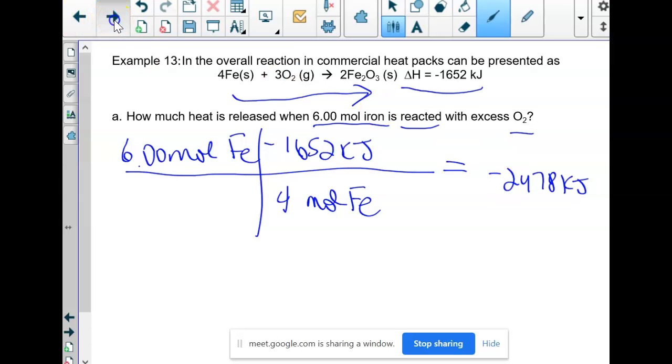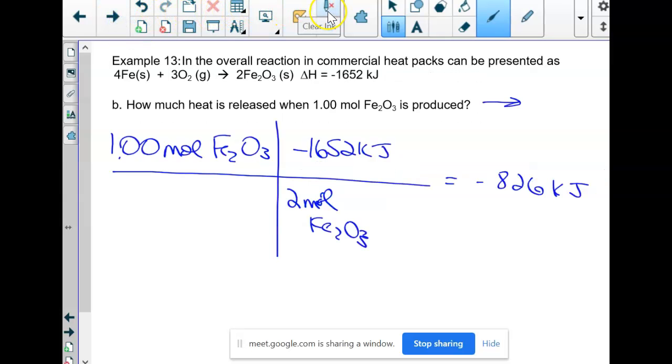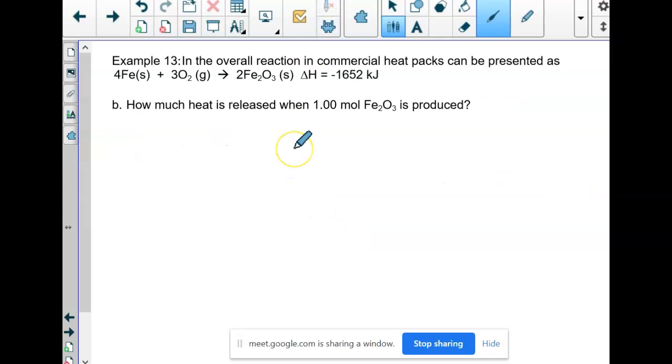Okay, let's look at 13B. So we're looking at the problem. We're looking at moles of iron oxide produced. So we're going to start with 100 moles of Fe2O3.